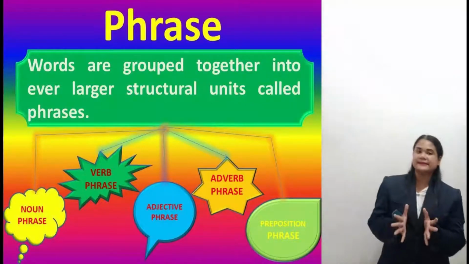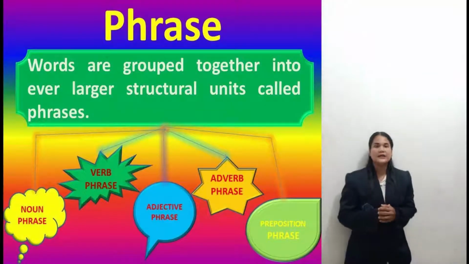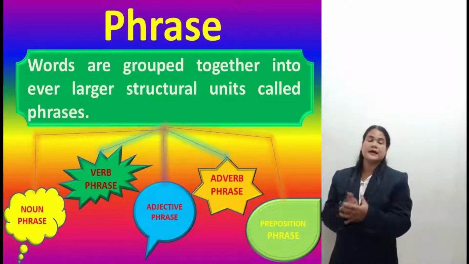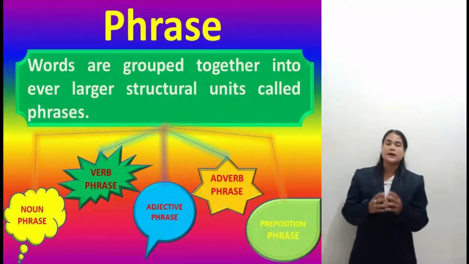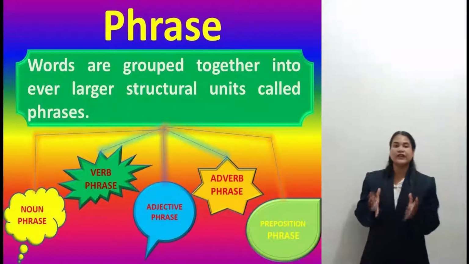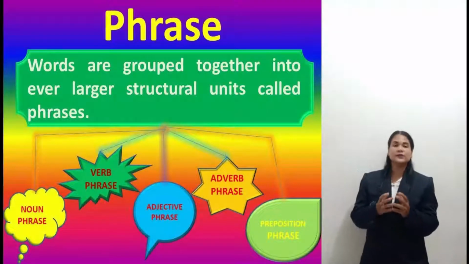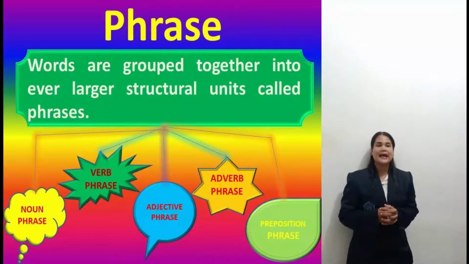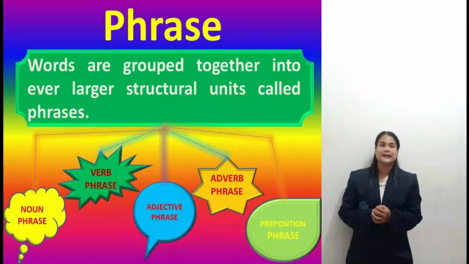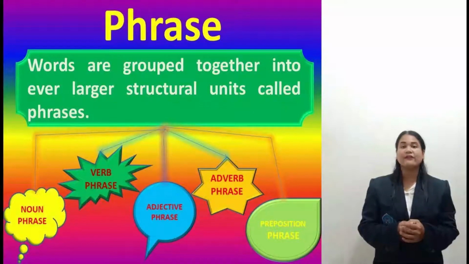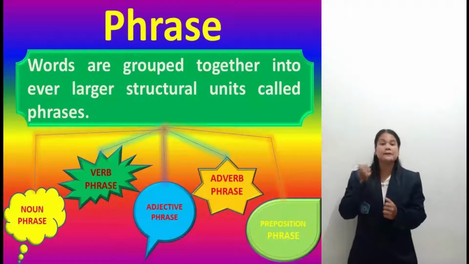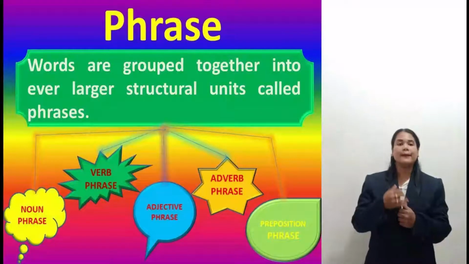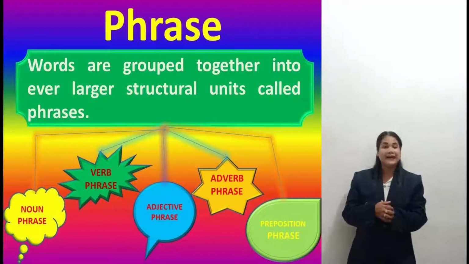A noun phrase plays the role of a noun. In a noun phrase, the modifier can come before or after the noun, and it can also be headed by a pronoun, like any noun. A noun phrase can function as a subject, an object, or a complement within a sentence.